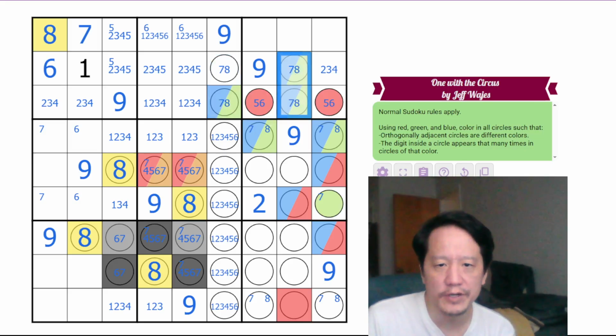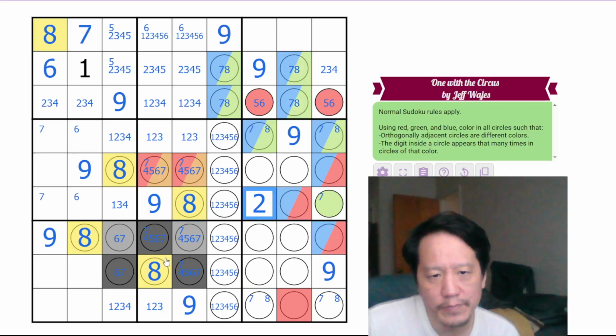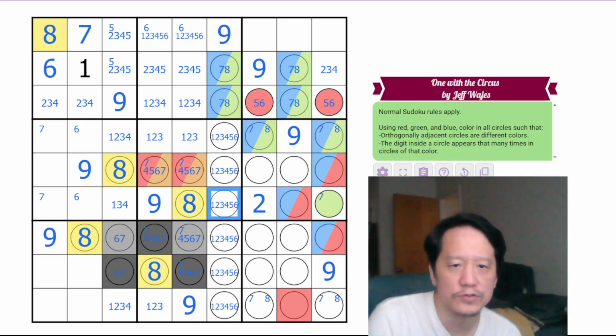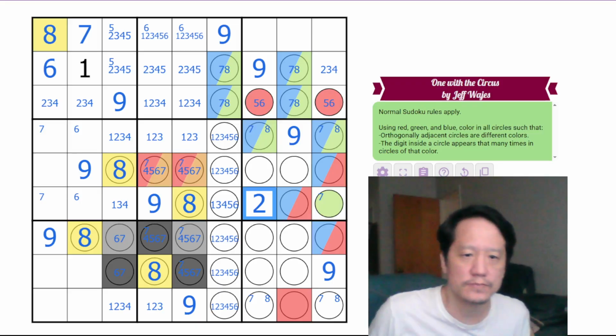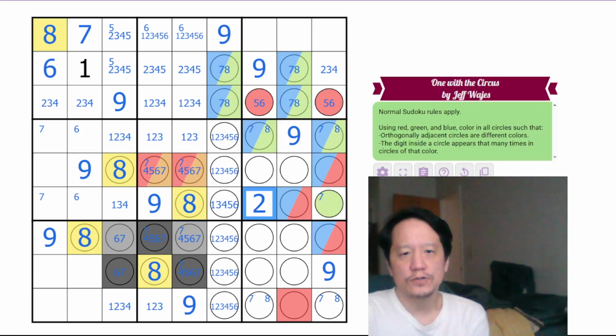So this is blue-green as a pair here, guaranteed. We don't know which is which, though. This can't be 2 because of 2 in the row. 2 has to appear twice in circles.